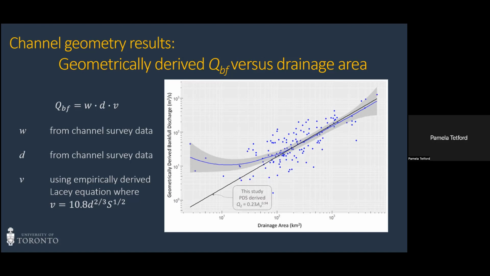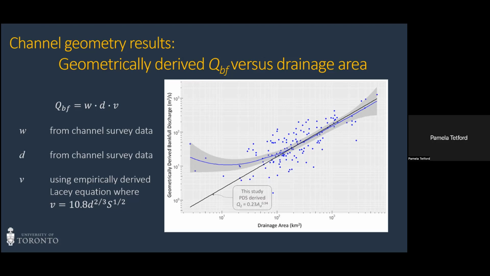And so the plot that you see there is using the same discharge drainage area relationship, only in this case it's using what we refer to as the geometrically derived bank full discharge. And so it's replacing the hydrologic one that was done.